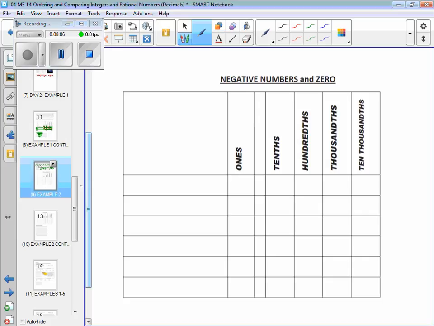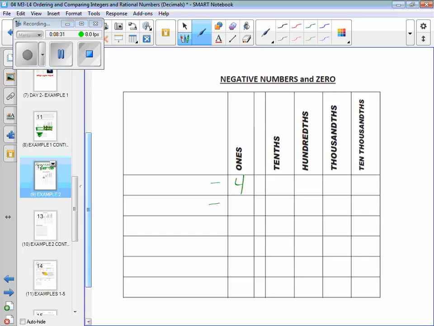Okay, I'm going to take all my negative rational numbers and put them in the place value chart in the order in which I have it listed. So what we should have, I don't have to worry about labels, so they're just numbers. I got a negative 4, right?